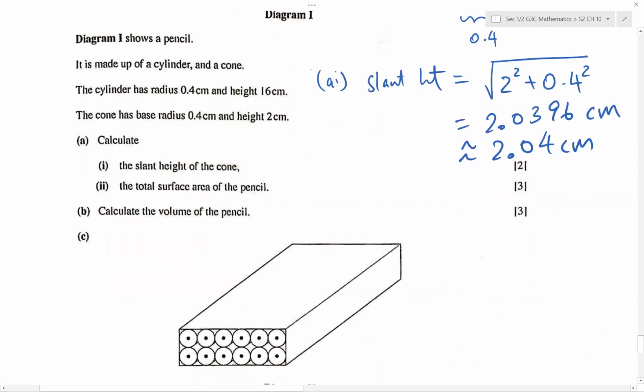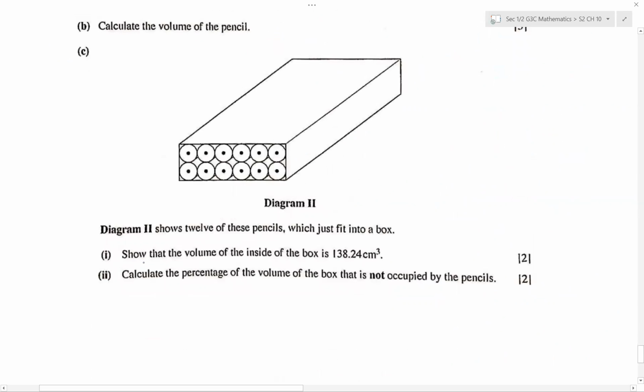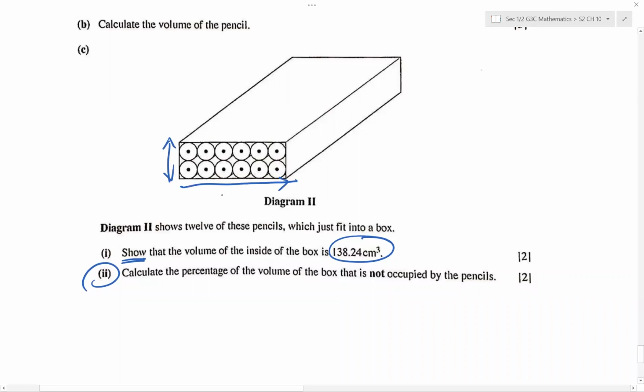So now they put a pencil into this box. When they ask you to show, it is because they require this information, this value, to be used in the next part. Even if you can't show, just go ahead and use the value for part 2. So show that the volume inside the box is as such, requires us to find this distance, and this distance. 3 of them multiplied together to give you 138.24.